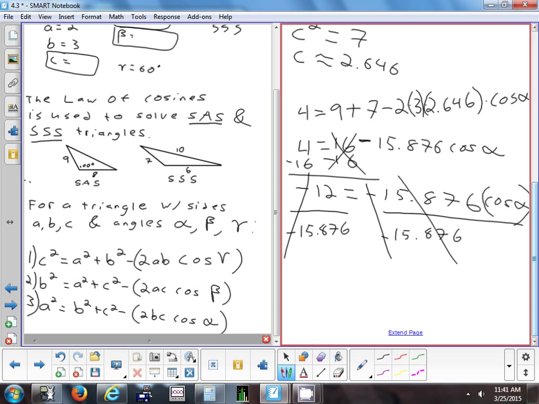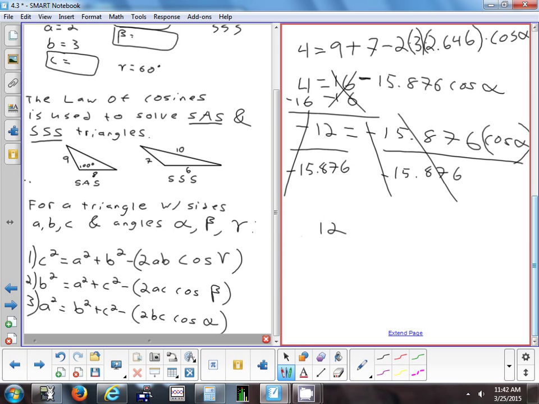So when you divide, negative divided by negative is positive on the right-hand side, and on the left-hand side, negative divided by negative is positive. And what did you say, JC, to get that by itself? Inverse cosine. That's equal to cosine alpha.